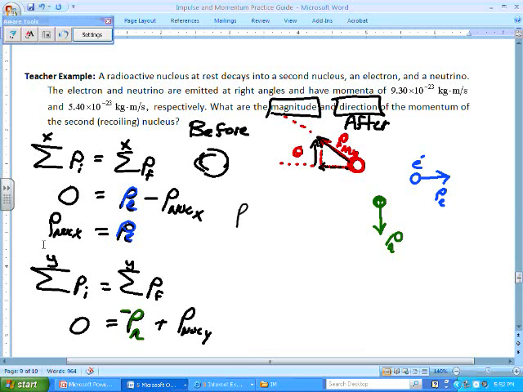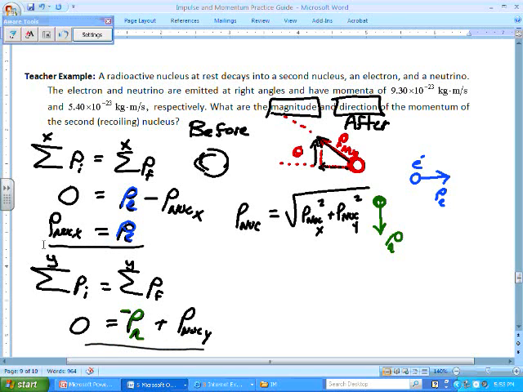So then I can say from our picture that the total momentum, the magnitude, is going to equal, by the Pythagorean theorem, the x component of the nucleus momentum squared plus the y component of the nucleus momentum squared final.